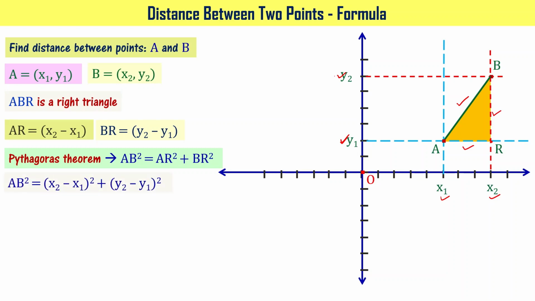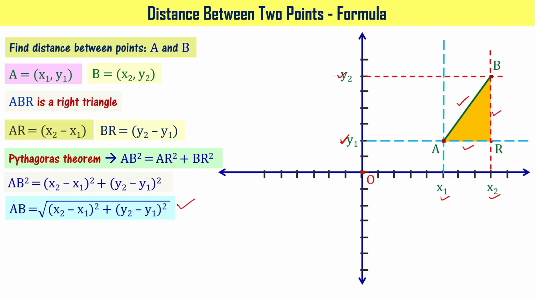AB square can be written as x2 minus x1 whole square, that is AR square, plus y2 minus y1 whole square, that is BR square, right? If I simply take the square root on this side, AB can now be written as square root of x2 minus x1 whole square plus y2 minus y1 whole square.